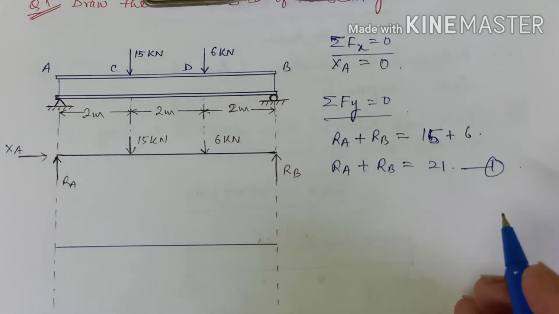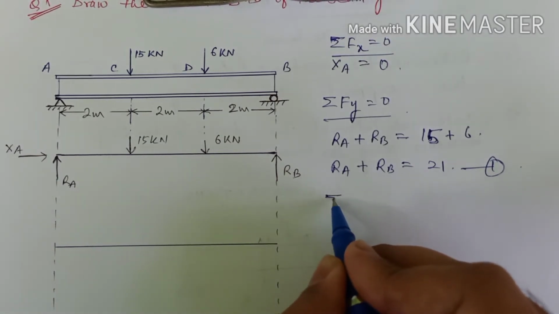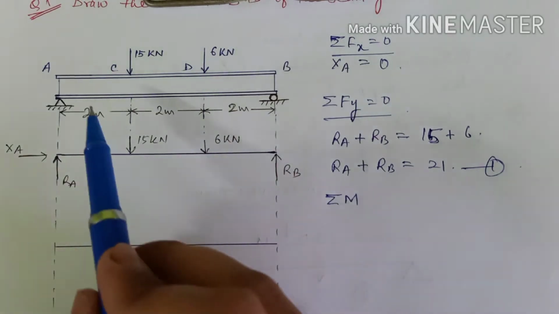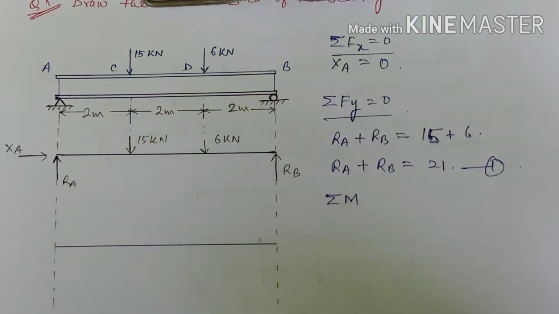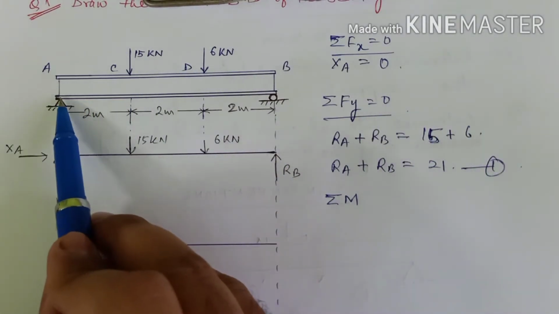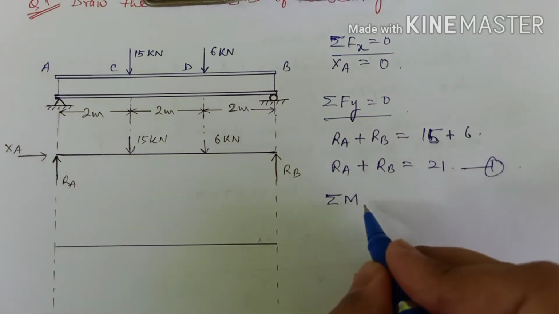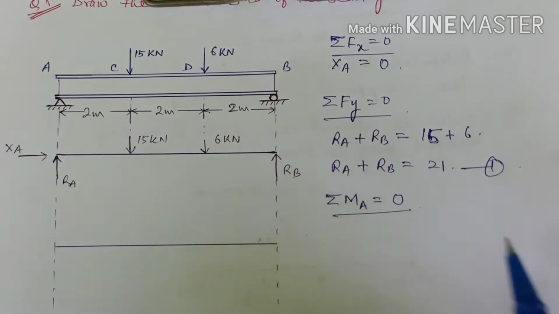Now we can take the moment equation, that is the summation of moments. You can take any point, A, C, D, or B, but for the sake of simplicity I will consider moment about A. Moment about A is 0. Now we apply this moment equilibrium equation.